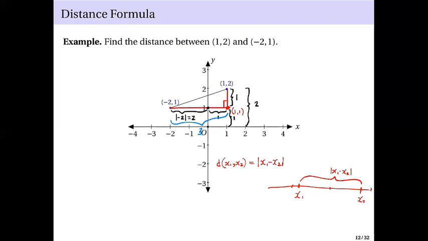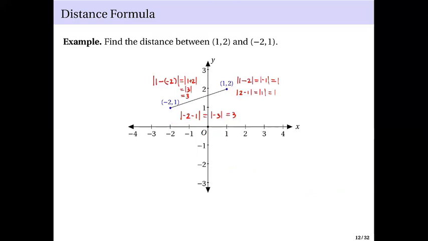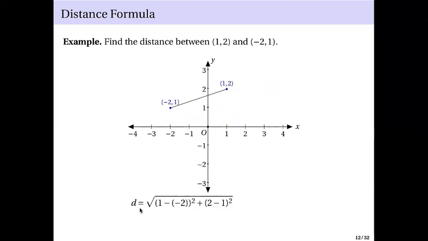So if we go further now, we will have the following. The distance of 1. So in here, I started with this point here. The 1 in the x-coordinate minus -2. So 1 minus -2, we get the square of that. And then 2 minus 1, and then we get the square of that.